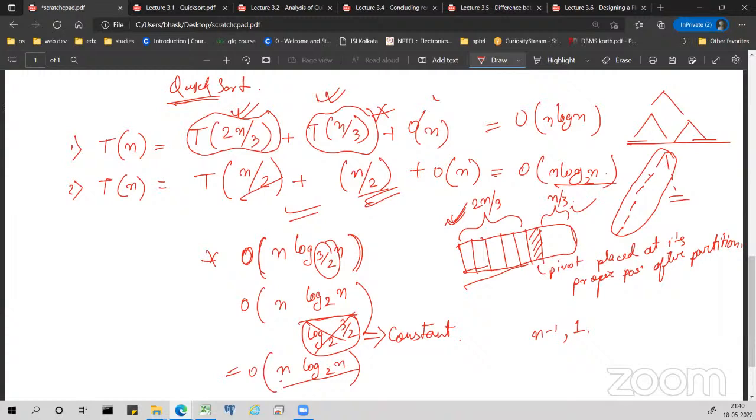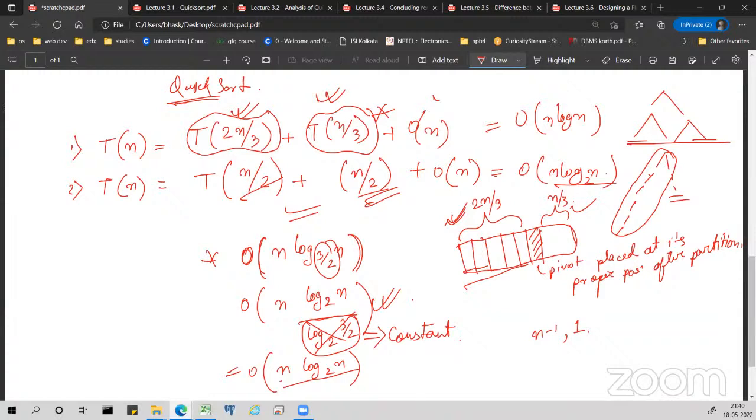Other than that case, in any possible division of the array, it would always be n log n. The reason for that is the base of the log is changing depending upon the size of the division. But that doesn't matter in asymptotic time complexity, because we can always simply, by the property of logarithm, do this.